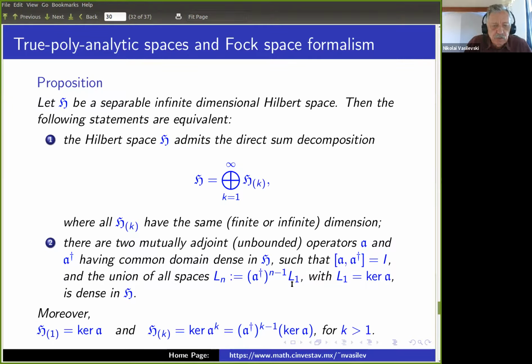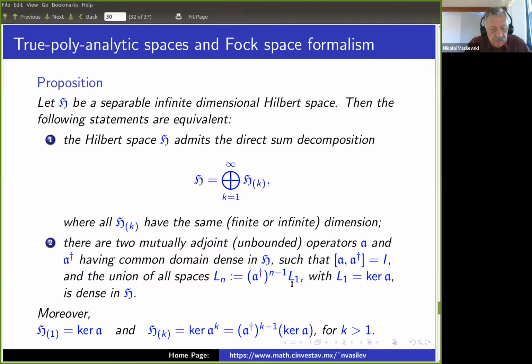Second, there are mutually adjoint unbounded operators A and A dagger having a common domain dense in H, such that they obey our favorite commutation relation, and the union of all spaces L_n, the powers of A dagger applied to the kernel of the operator A, is dense in H. So in fact, this generic situation, the orthogonal decomposition into subspaces of the same dimension, is equivalent to the existence of operators A and A dagger with the desired commutation relation.